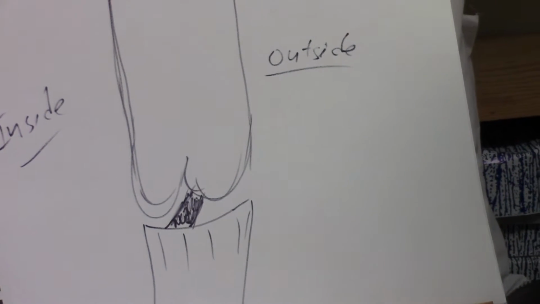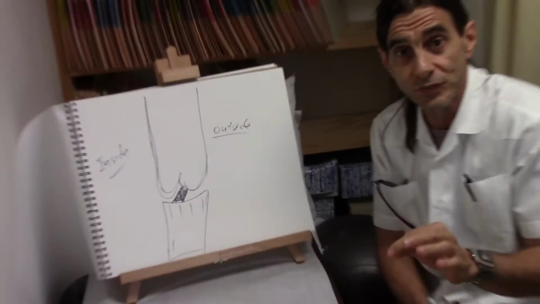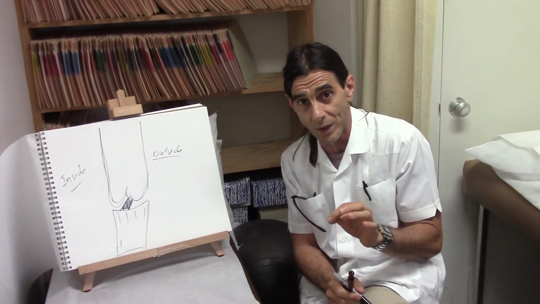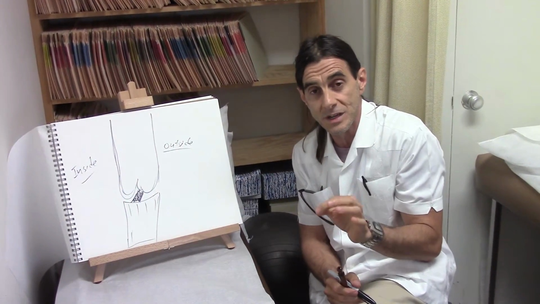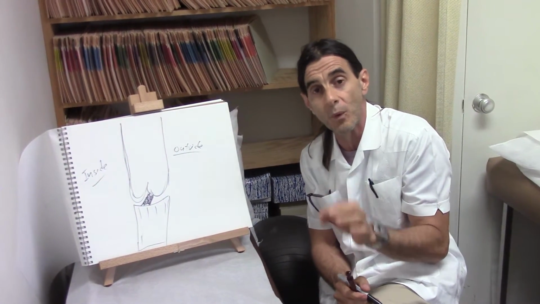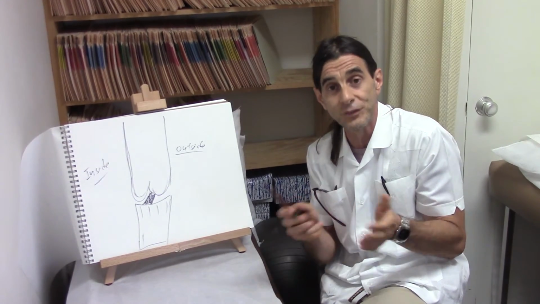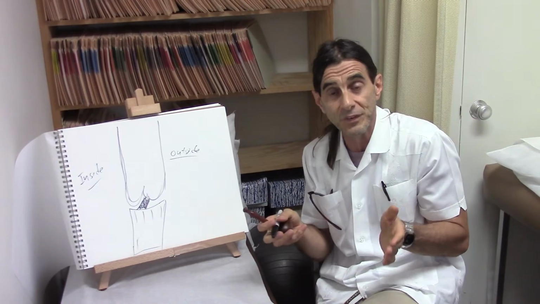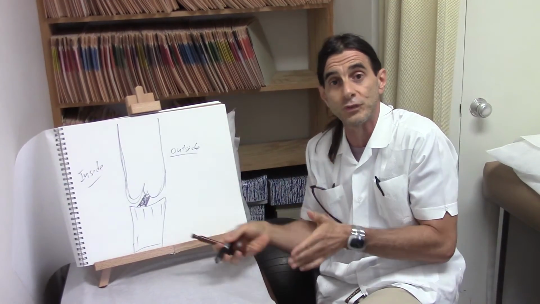If your ACL gets torn and you decide to have it reconstructed, the angle that the ligament takes is very important, because it makes all the difference in how well you respond to the surgery.